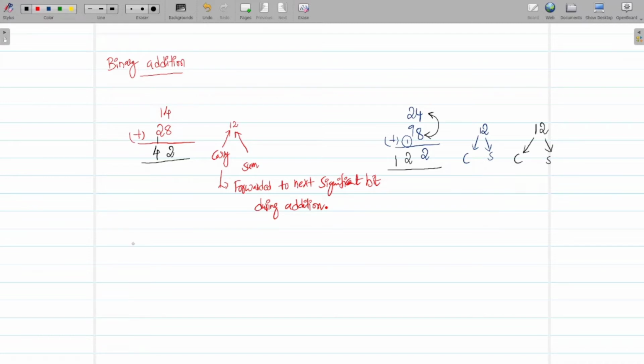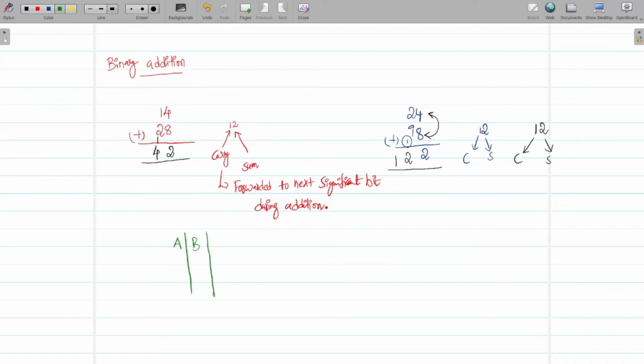Now let us do the addition of binary numbers. The addition of binary numbers follows some rules. These rules can be understood with the help of a truth table. So I'm considering A as one bit and B as another bit.